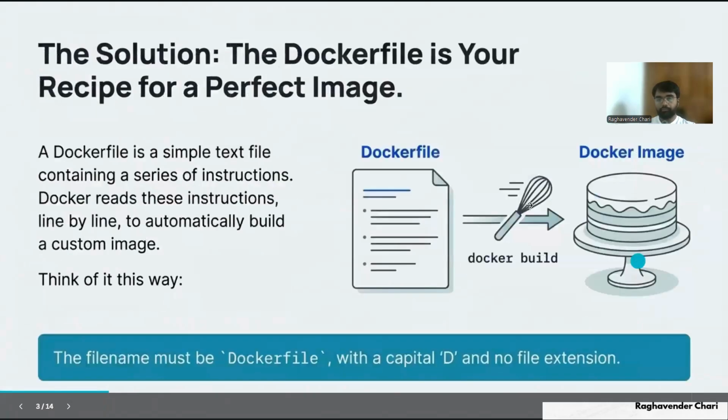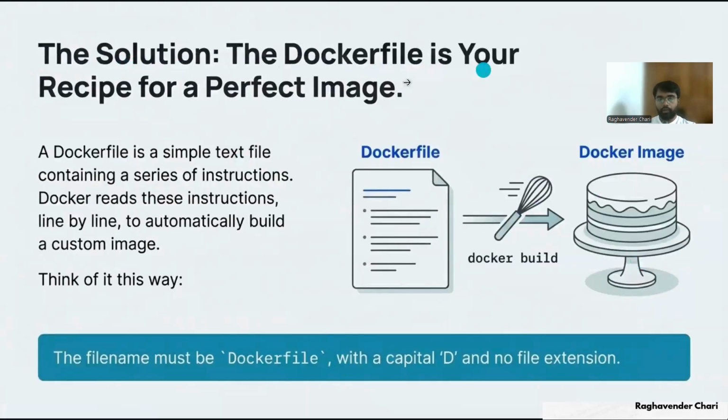To move forward, you need full control. The solution: a Dockerfile is a recipe for the perfect image. We need to create a Dockerfile, and then it automatically creates the Docker image. A Dockerfile is a simple text file containing a series of instructions.